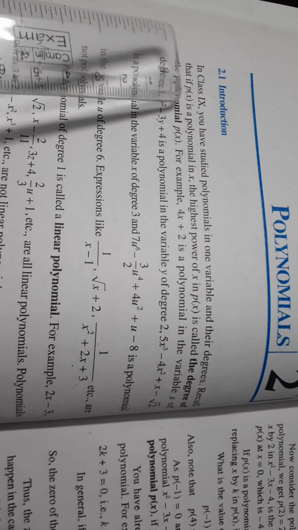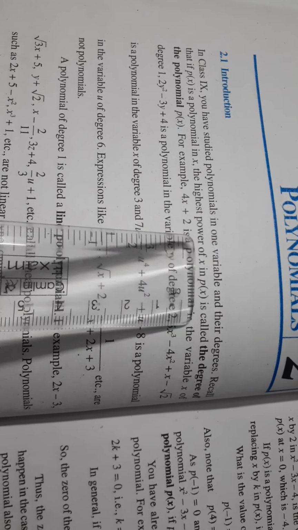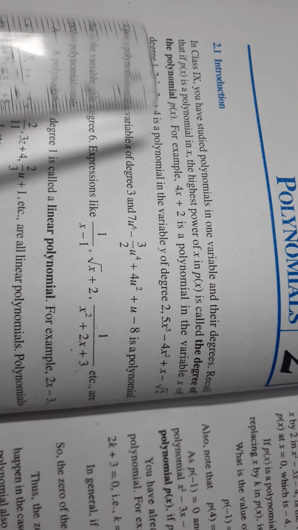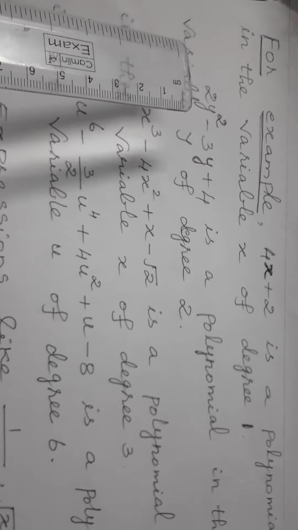If p of x is a polynomial in x, the highest power of x in p of x is called the degree of the polynomial p of x. For example, 4x plus 2 is a polynomial in the variable x of degree 1.